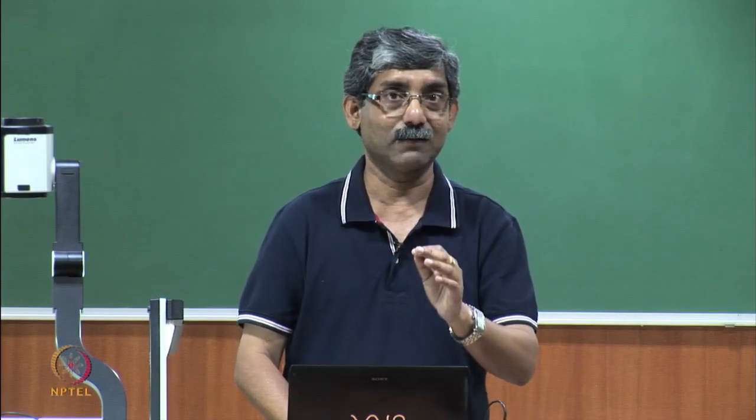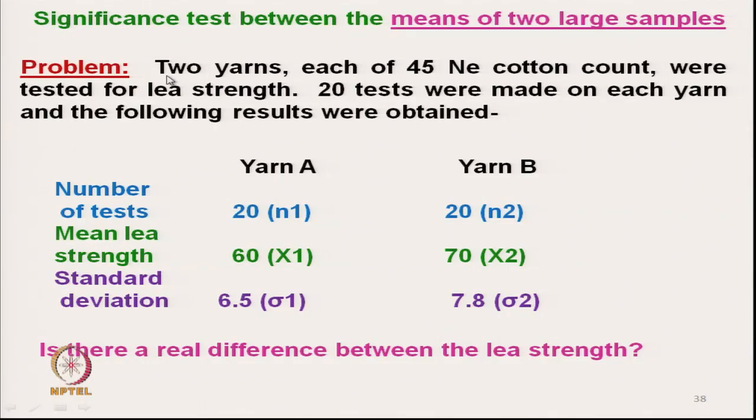Now, let us see this example. From this example it will be very clear. Two yarns, each of 45 Ne count, were tested for lea strength. 20 tests were made on each yarn and the following results were obtained. Yarn A has a mean strength of 60 pounds and yarn B has a mean strength of 70 pounds. The standard deviation sigma 1 is 6.5 and sigma 2 is 7.8.